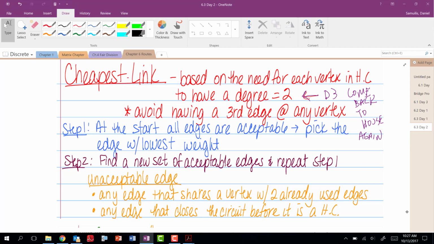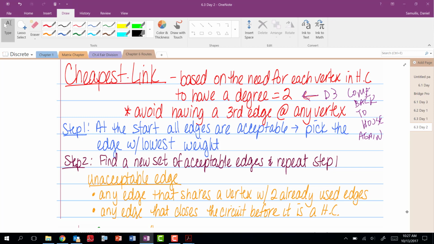What are the acceptable edges when we do this? A, do not make a degree 3 vertex. B, do not close your circuit early. So here's what the cheapest link is. You have your freedom, step 1 in blue. You just pick the best, lowest edge first.